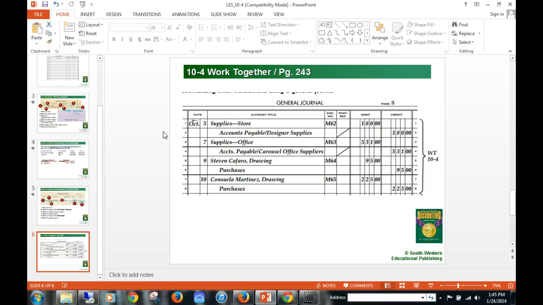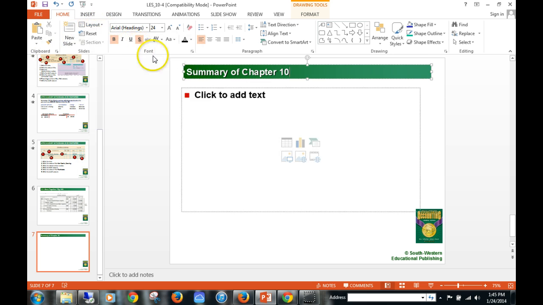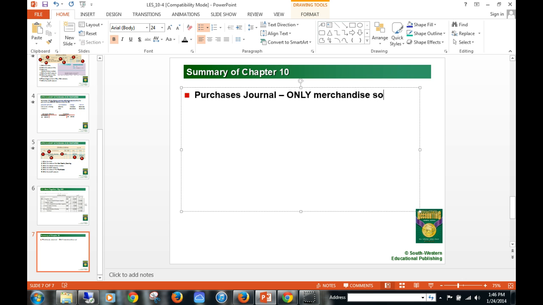Again, just to summarize a little bit, let me bring up a new slide. Summary of Chapter 10. We talked about the purchases journal, which records only merchandise bought on account.